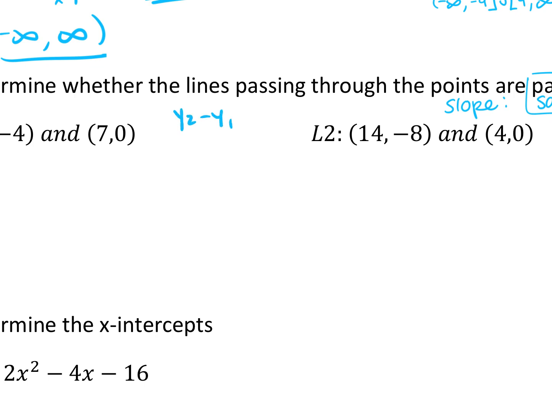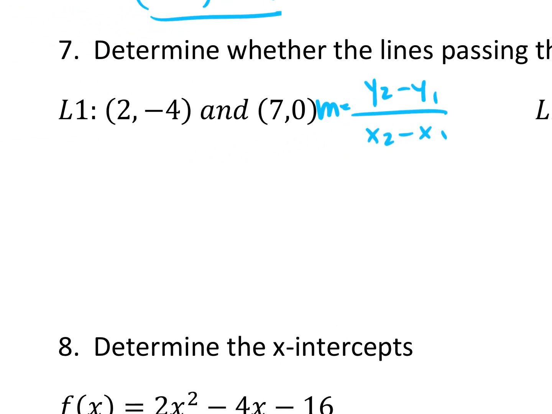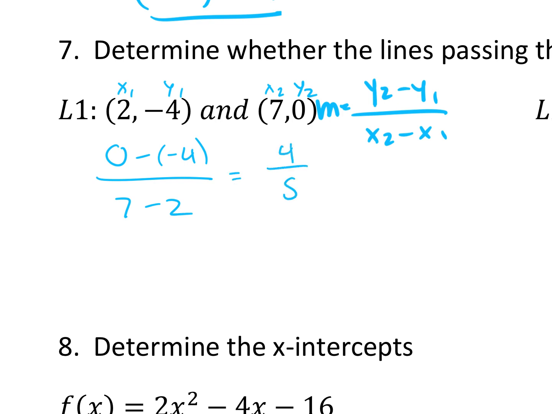y2 minus y1 over x2 minus x1, our slope formula. So for the first line, I have x1, y1, x2, y2. Let's plug them in. So 0 minus -4 over 7 minus 2. So we get 4 over 5.